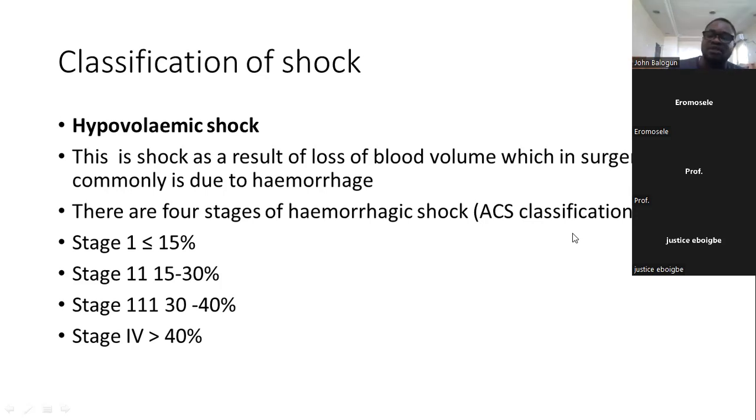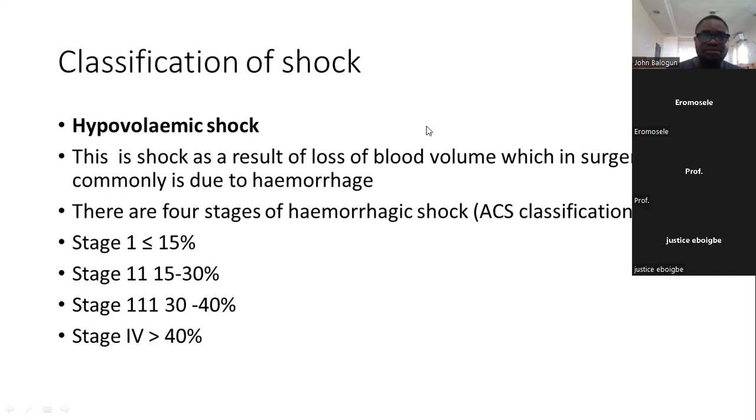Once that flow is inhibited, not enough nutrient gets to the cells, and not enough of the waste product is excreted from the cells, and then shock results. Does it make sense? Yeah, thank you. So that's how that happens. The fluid starts pulling into the peritoneal cavity, and that pulling of fluid leads to abdominal distension.